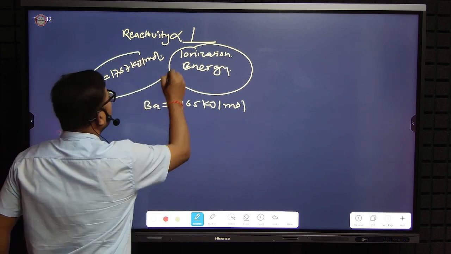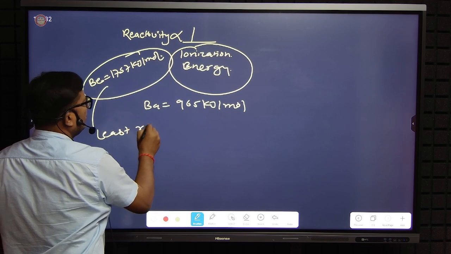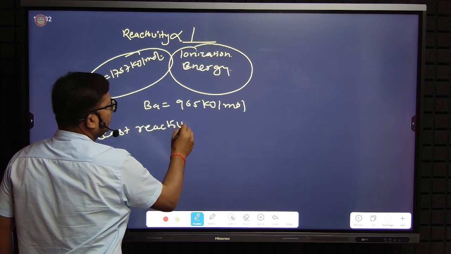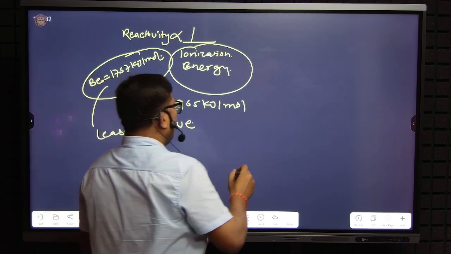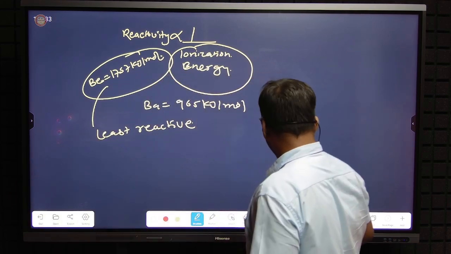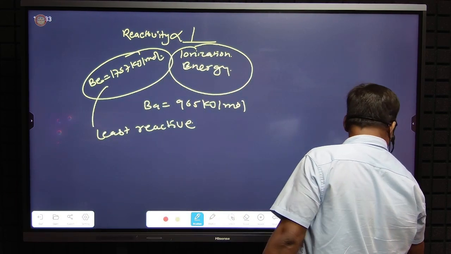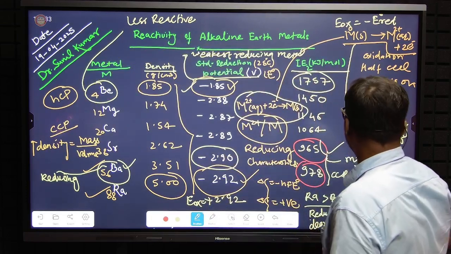So it is actually least reactive, right? So the reactivity varies with the value of ionization potentials.